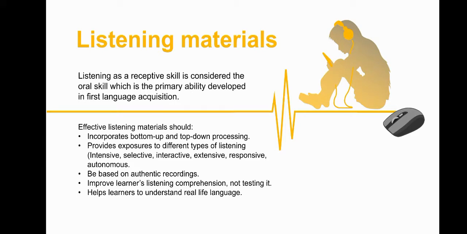Bottom-up processing typically focuses on sounds, words, intonation, grammatical structures, and other components of spoken language. On the other hand, top-down processing moves from the whole to the parts. It happens when listeners bring their background knowledge to the text.